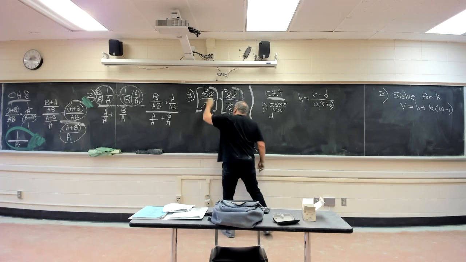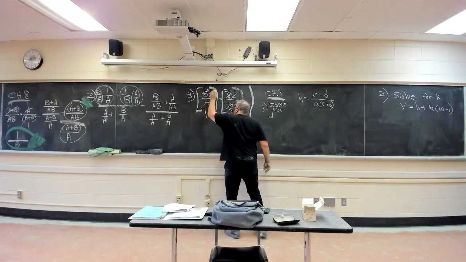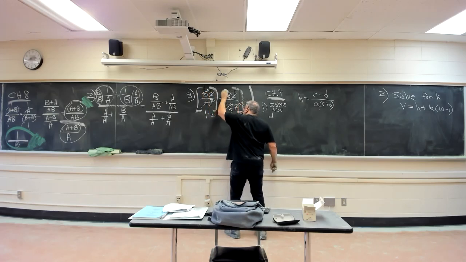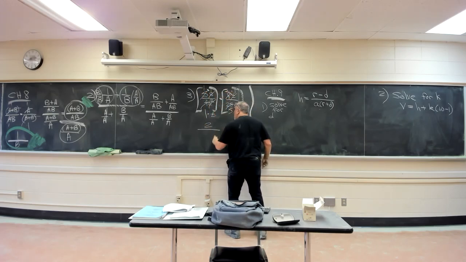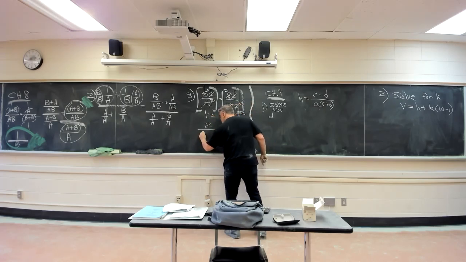S cancels into s cubed s squared times. 1 times 1 times 2 times 1 is 2. 1 times t times 5 times s squared, 5 s squared t.